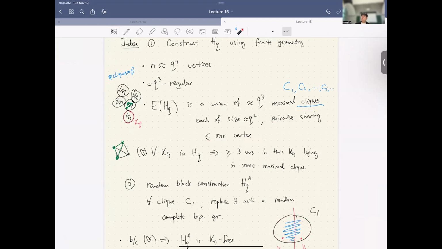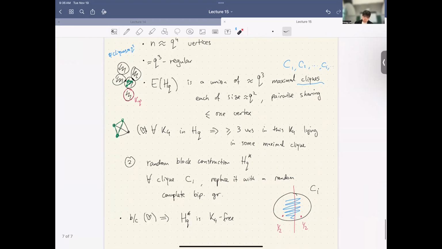If some cliques intersect at more than one point, when doing this partitioning one by one, they are not independent events, right? Here, because they share at most one vertex, the random partition of every one of these CI is an independent event. Okay.